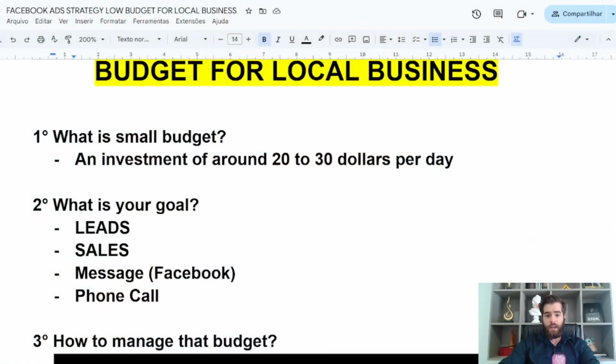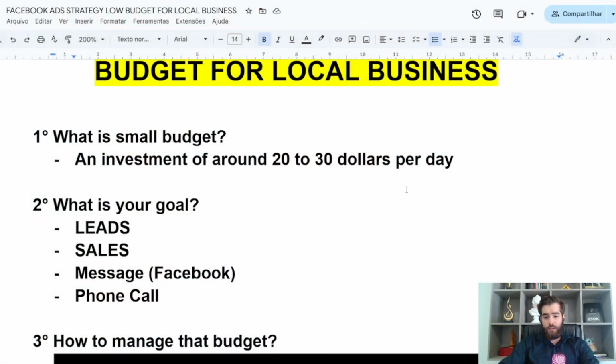Do you see, in this case, if you don't have so much budget, you don't have to think too much about targeting. I mean, you have a specific place, a specific area, your target audience, and that's it. Just run the ads straight to that type of person. Try to be smart about the communication, and that's it. That's the strategy that you have to use for a local business, because you don't have so much budget to test and try different things.